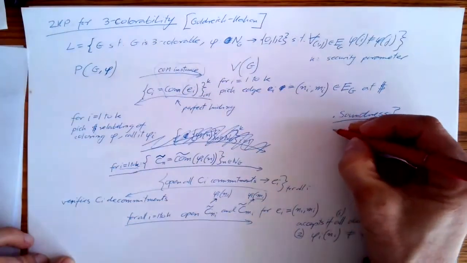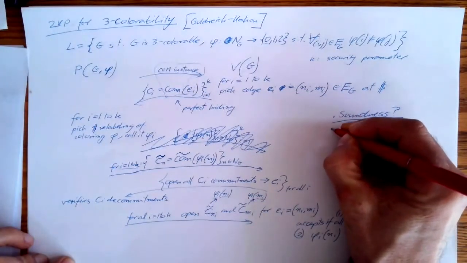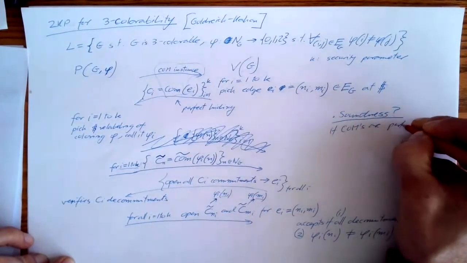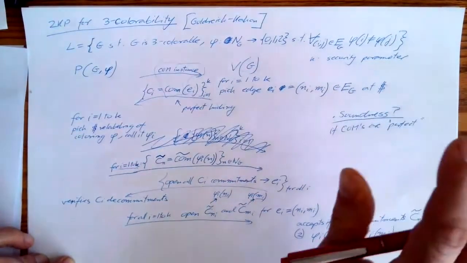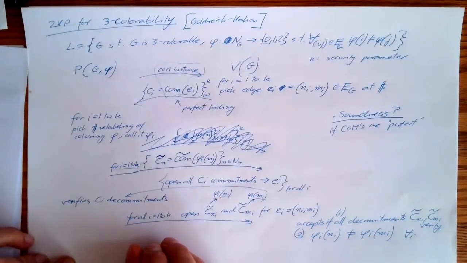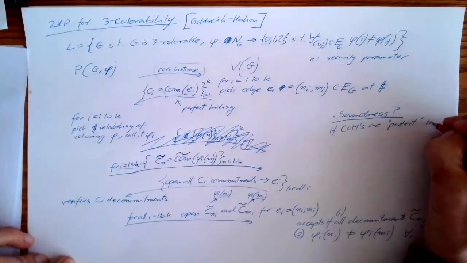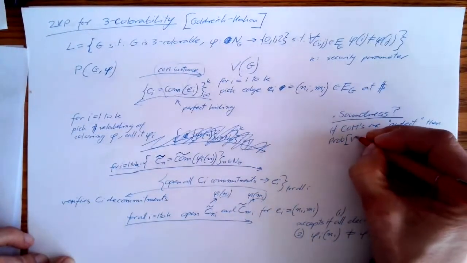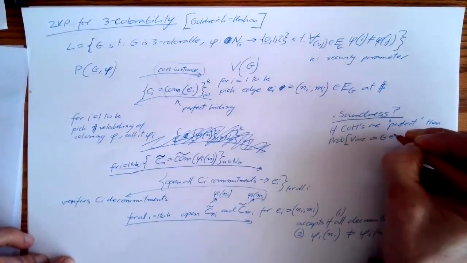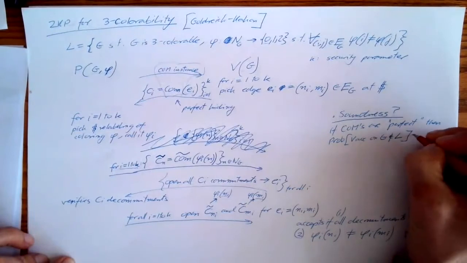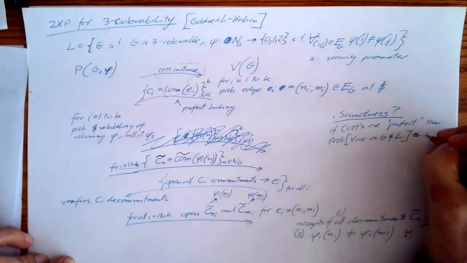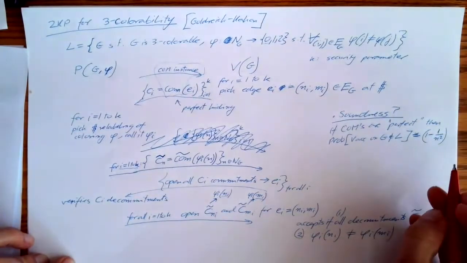So if commitments are all perfect, so they basically work like black boxes and there's no way to cheat in any way or fashion, then the probability of V accepting on a graph not in the language is at most 1 minus 1 over n squared, where n is the size of the graph.